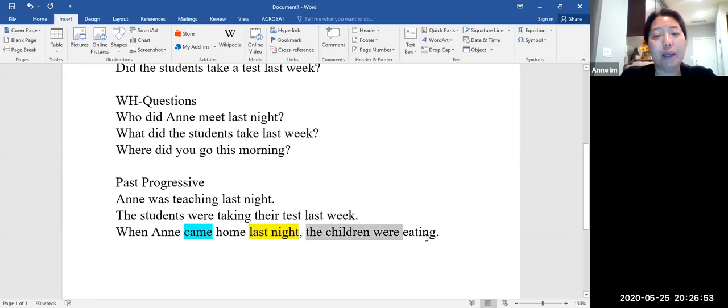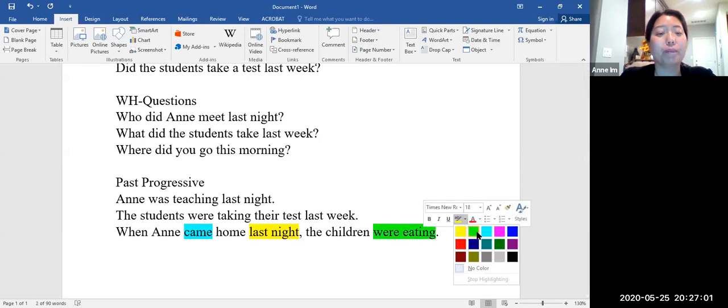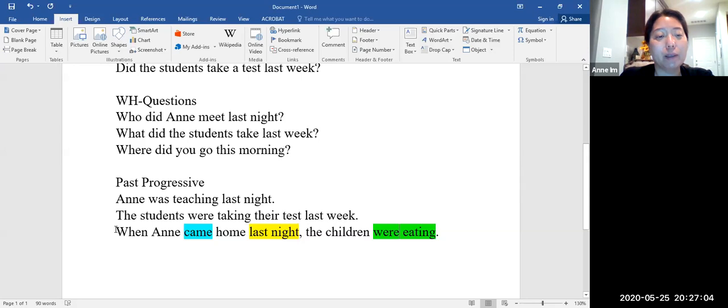This is my independent clause, and in my independent clause, I use the past progressive. It's different, okay? But this is my time clause, which is finished. Anne came home last night. So when she came home last night, what was happening? The children were eating, okay?